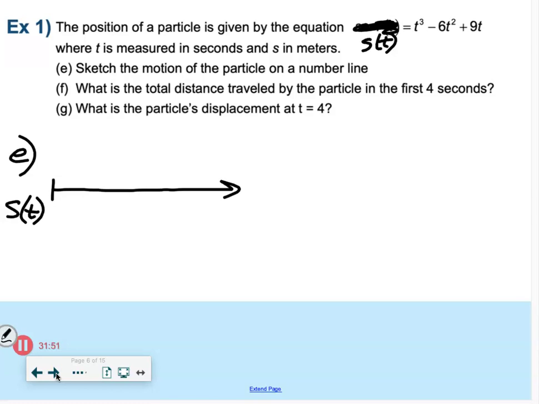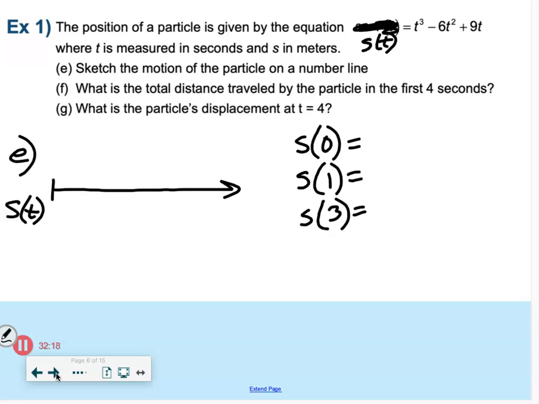So what you want to do is find the position at all the interesting values. The interesting values would be what position were you at when you started, and then what position were you at each time you changed direction. We're going to find those 3 position values, and then we're going to sketch based on those.